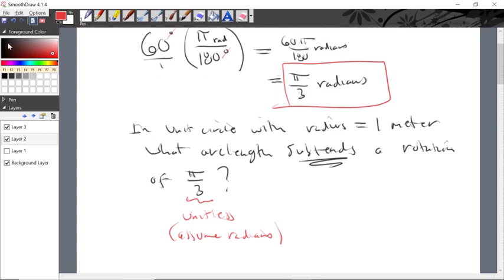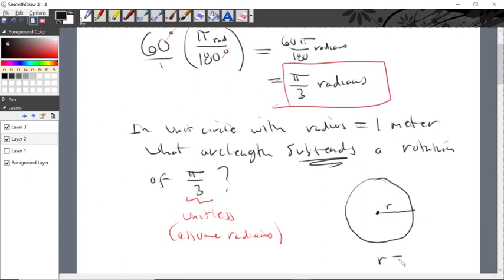Okay, so geometrically representing this, I get a circle. Okay, let's pretend that this is a circle here, first of all. I'm not very good at drawing circles on this thing. And the radius of this circle, r, is equal to 1 meter.